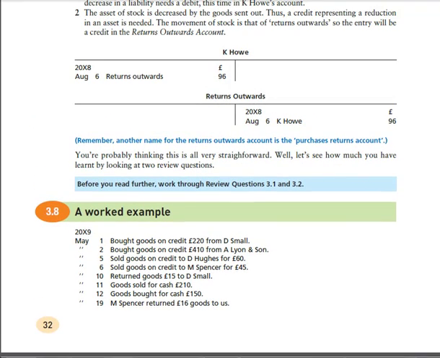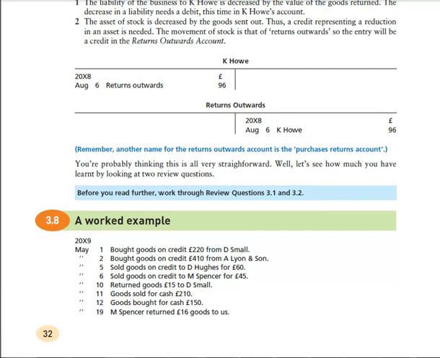Before doing the worked example, I'll revise what accounts we have covered today. We have covered the purchases account, the sales account, return inwards account, and return outwards account. Purchases account is always debited because it entails an increase in stock. Sales account is always credited because it means the stocks have reduced.